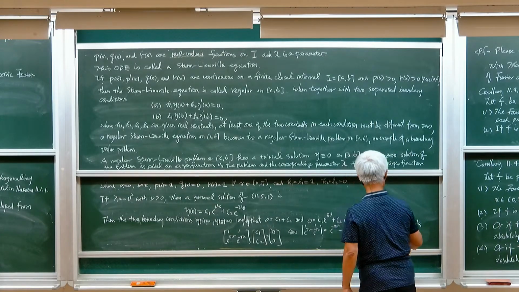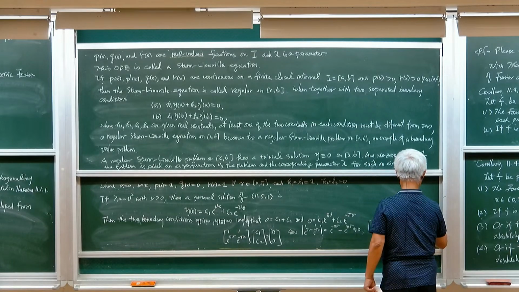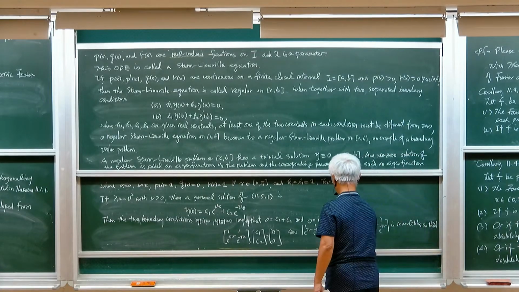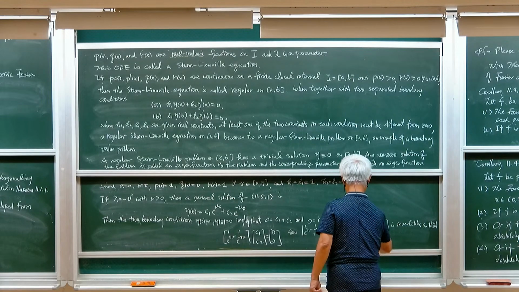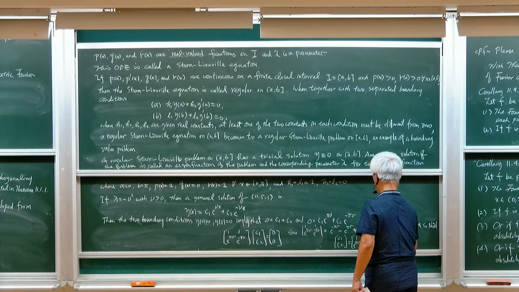So the solution c1, c2 is the inverse times 0, 0, which is 0, 0.